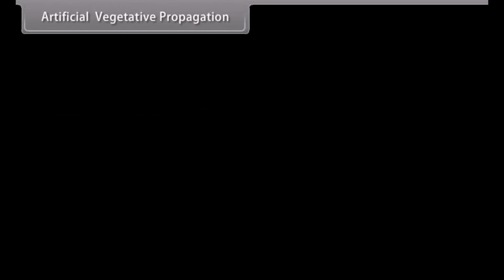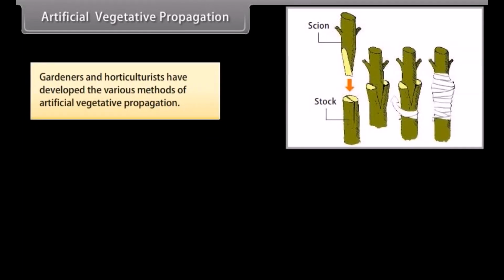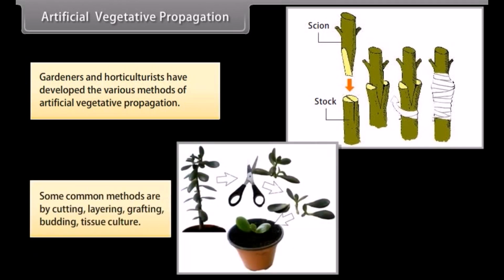Artificial vegetative propagation. Gardeners and horticulturists have developed various methods of artificial vegetative propagation. Some common methods are by cutting, layering, grafting, budding, and tissue culture.